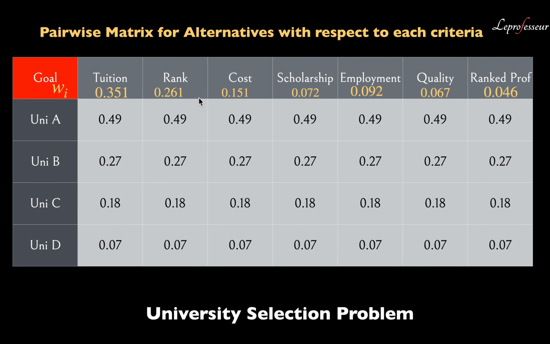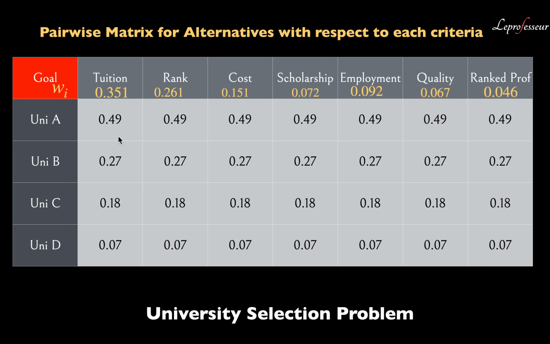And how can I make a matrix here? I put each university as a row, and each column is denoted by attributes or criteria.